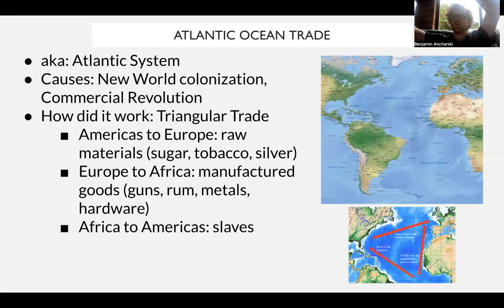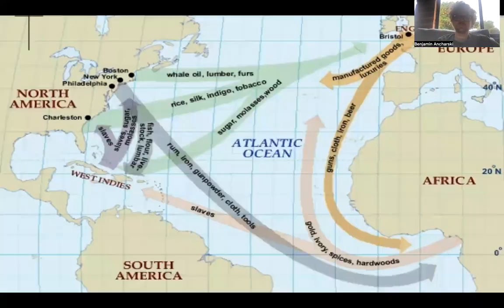From Europe, we are going to see these manufactured goods be traded in Africa. And from Africa, we are going to see the selling of these manufactured goods in exchange for enslaved people. And these slaves will be utilized in these New World colonies. Raw materials like cash crops are going to be extracted through the use of slave labor.